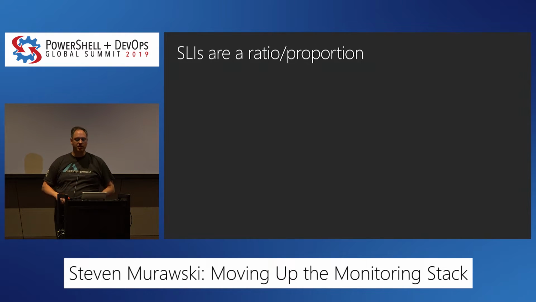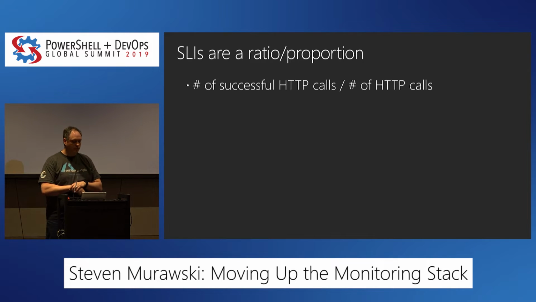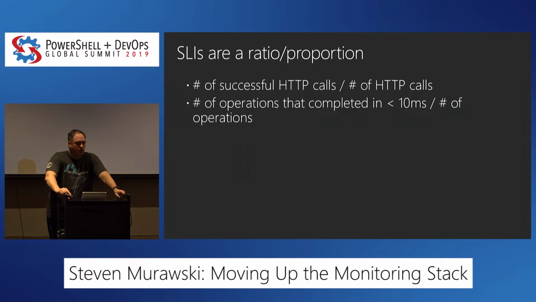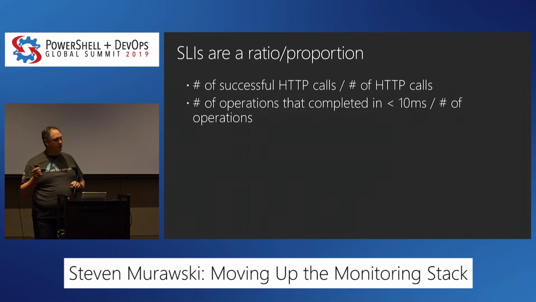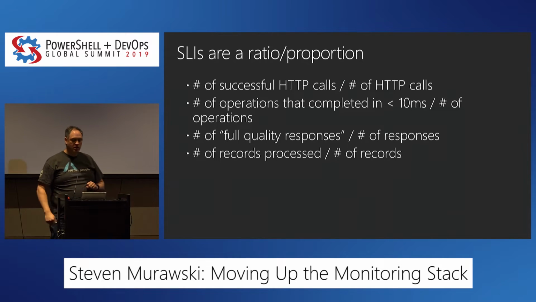So, service level indicators. These are a ratio or proportion. For example, it could be number of successful HTTP calls over the total number, right? Because it's a ratio. Number of operations, qualified responses, records processed.